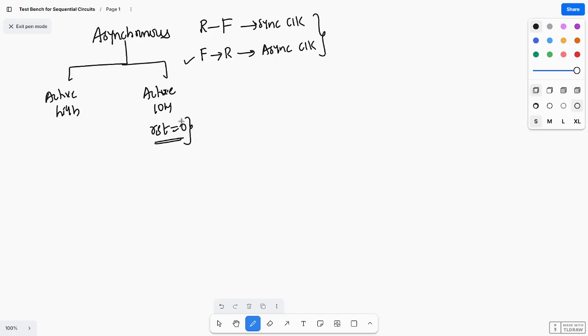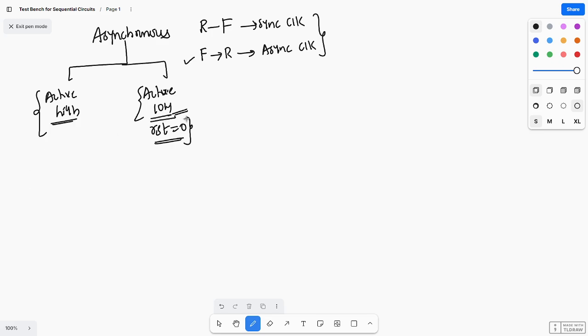So when power is off, you are operating your device in reset mode. Suppose your mobile phone is switched off, it goes into reset mode when the power is off. So you need to use asynchronous active low reset.